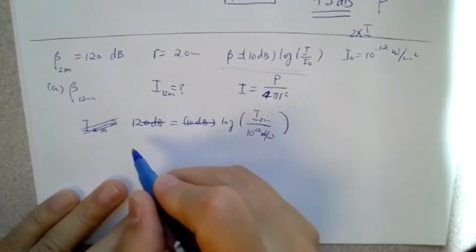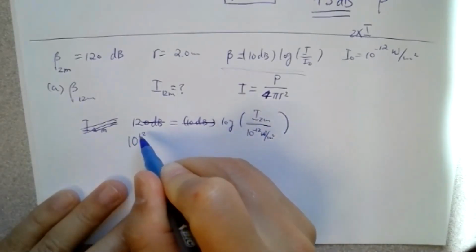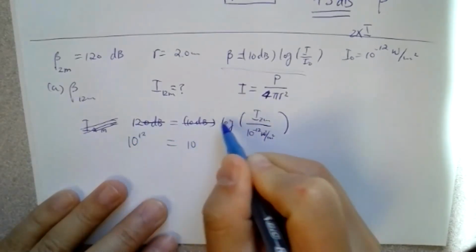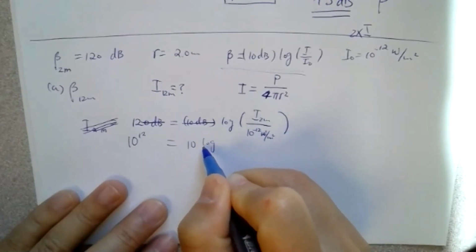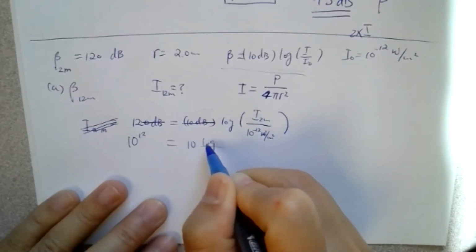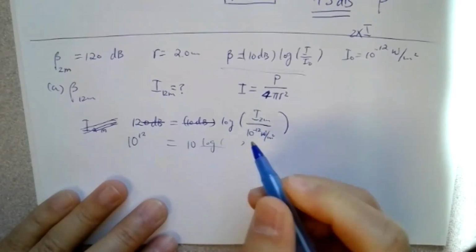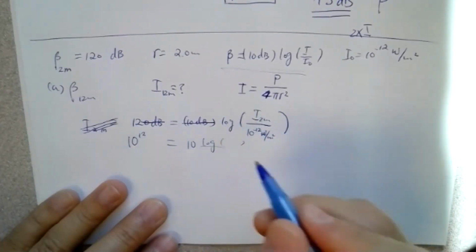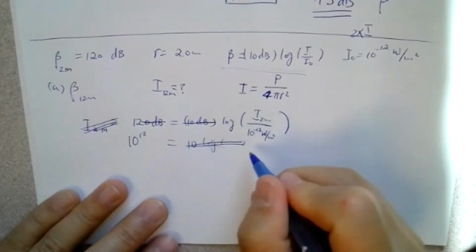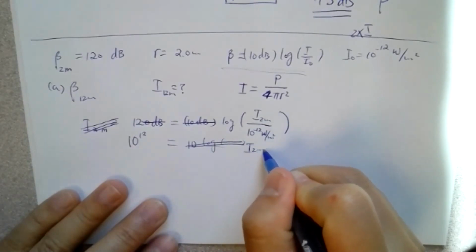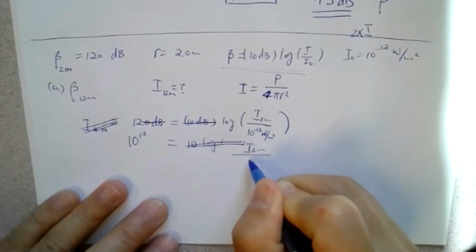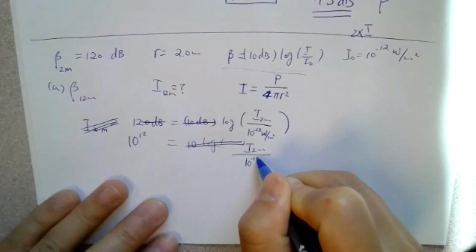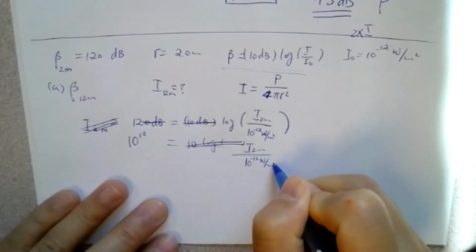To get rid of log, you do 10 to the 12 on this side, 10 to the power of log, and in that sense you get rid of log. So then you will have just I at 2 meters divided by 10 to the minus 12 watts per meter square.